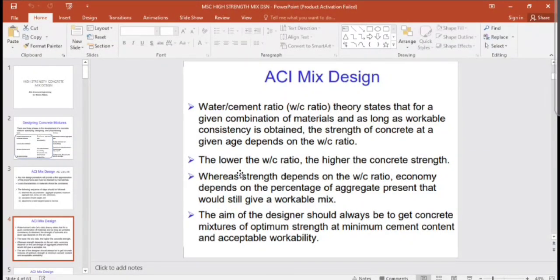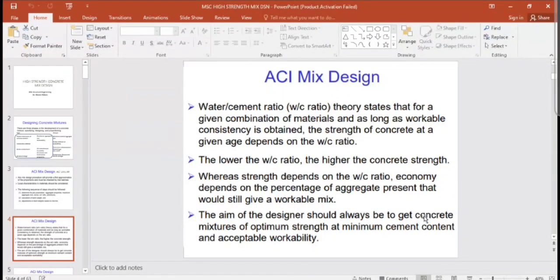As long as your workability is consistent and your water is consistent, you can find that at a particular water to cement ratio, you can get a specific strength. As per the literature, as you lower the water to cement ratio, your concrete strength is higher. So whenever you have a higher water to cement ratio, you are going to have compromised compressive strength. It means your strength is dependent on the water to cement ratio.